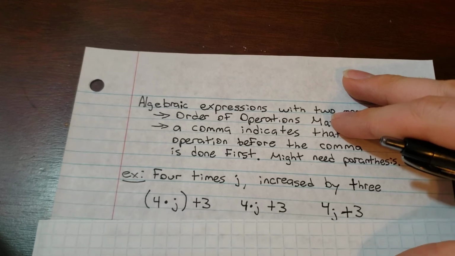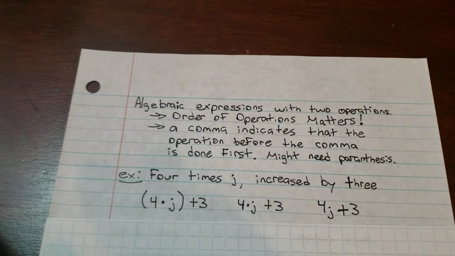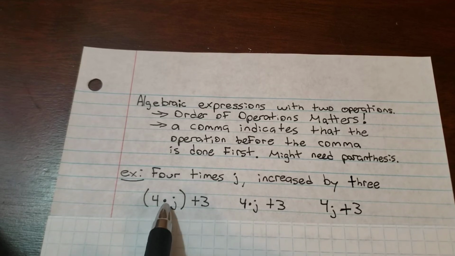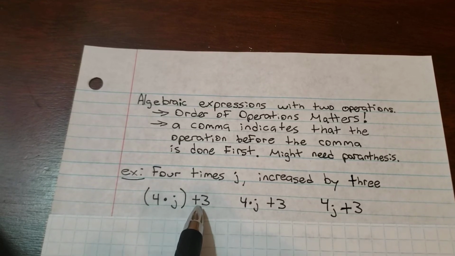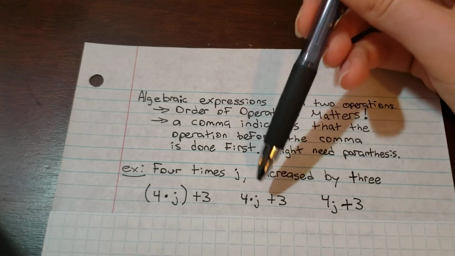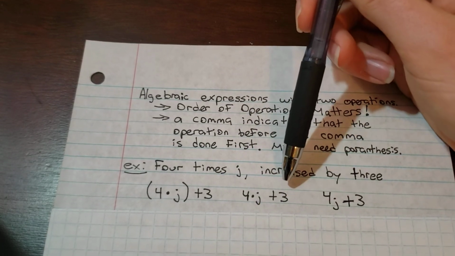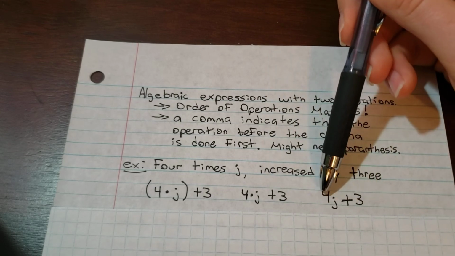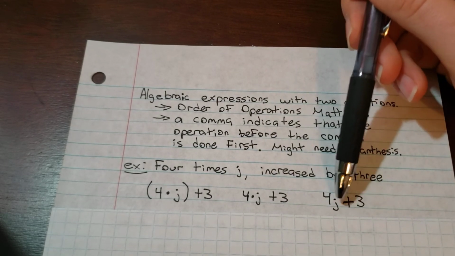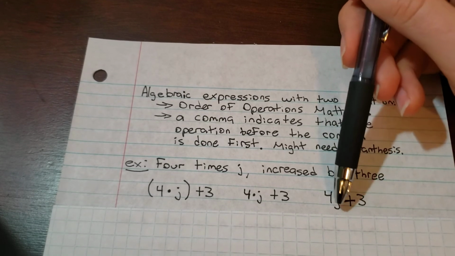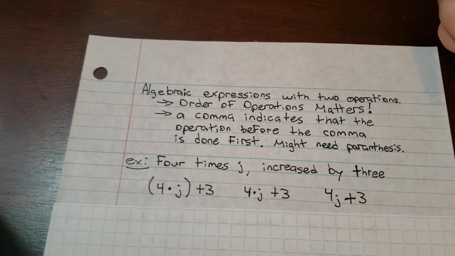So this is just going to give me 4 times j plus 3. Like I said, because multiplication comes before addition, we don't technically need the parentheses here. It's still correct. And then 4j plus 3. Ooh, that's a really good looking j right there.